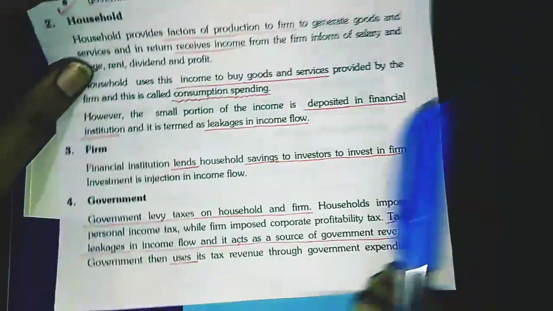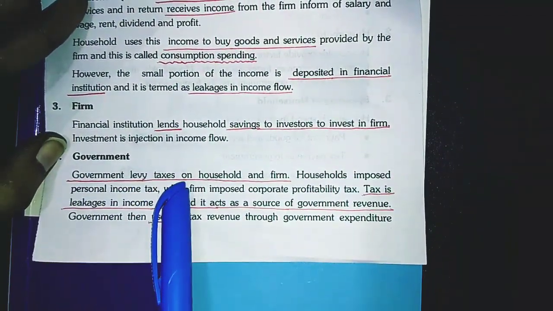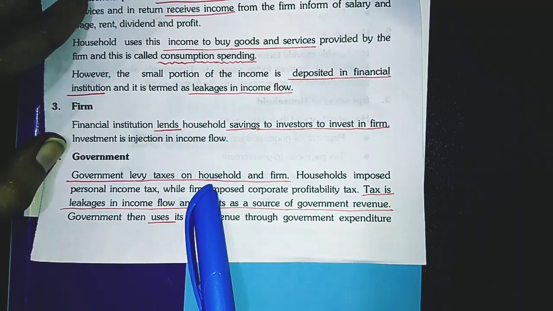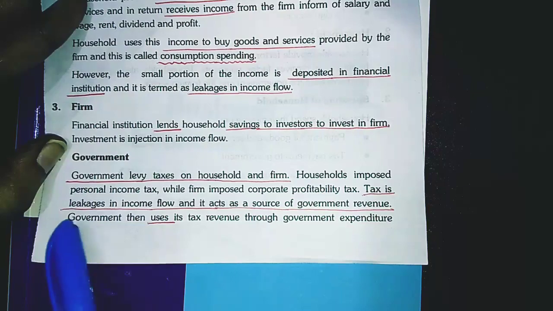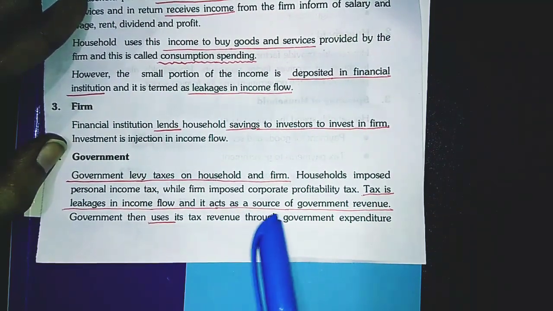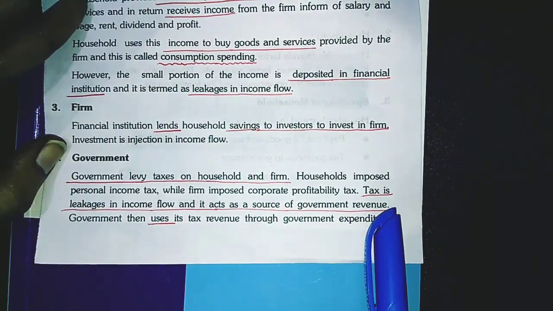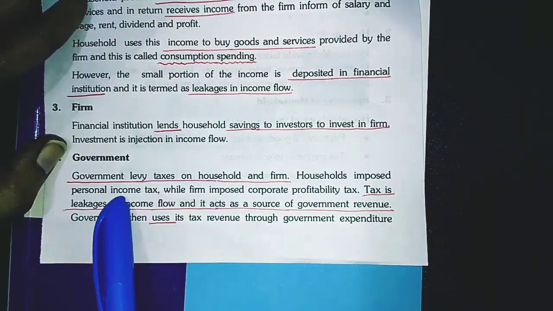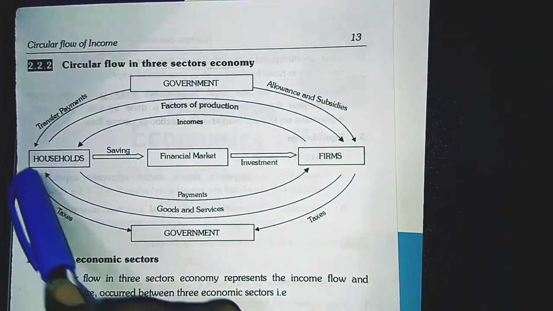Now the next one is government. Government collects the taxes from household and firm. Now this tax is also a leakage in the income flow and acts as the source of government revenue. Means the government is collecting the tax from both of them, from the household as well as from the firm.